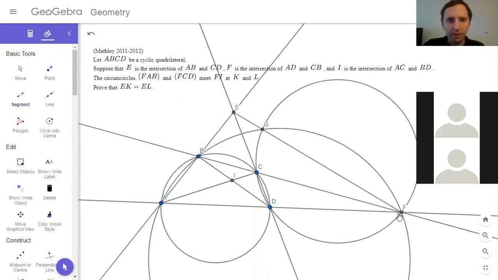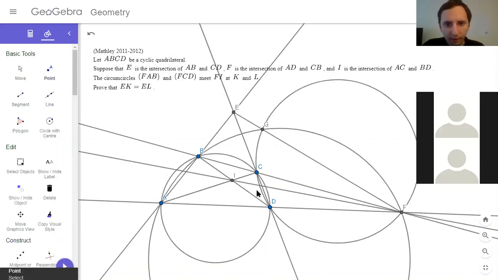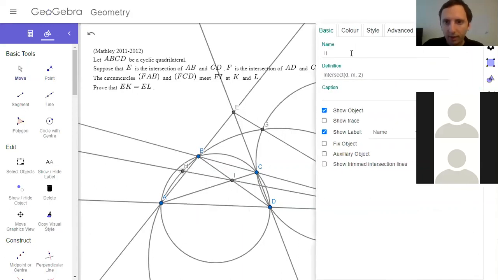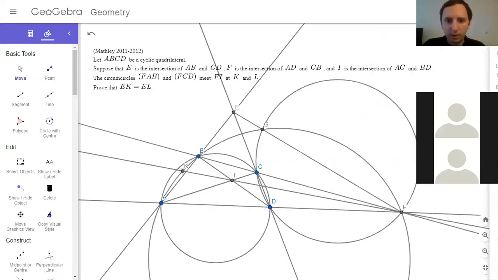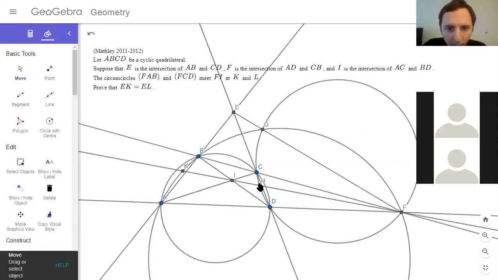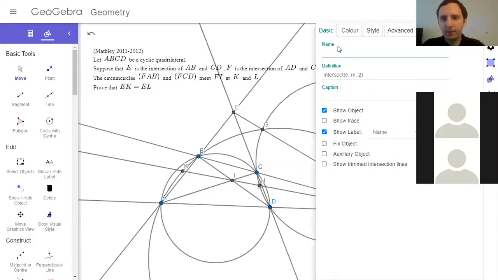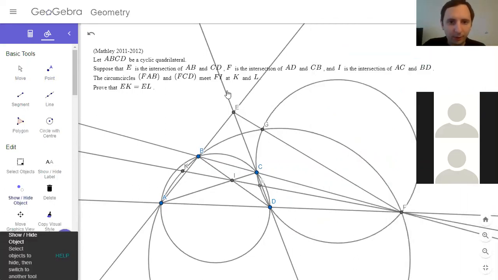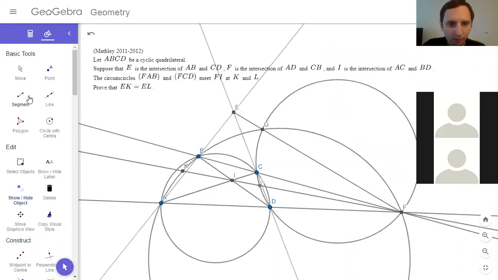Then we draw the line FI, and it meets the two circles at K and L. It meets circle FAB at K, and the other circle meets it at L, and we want to show EK is equal to EL. I don't know if this is trivial using Brocard's theorem or something, or if it's a harder theorem, but it might be easy. I don't know.